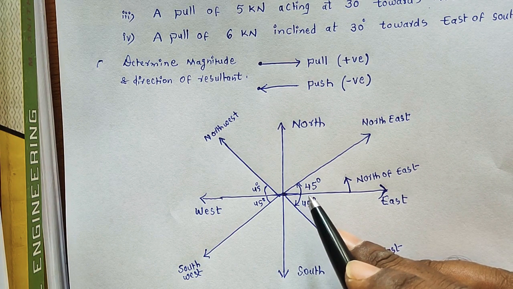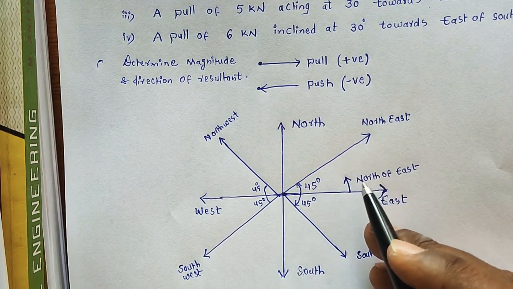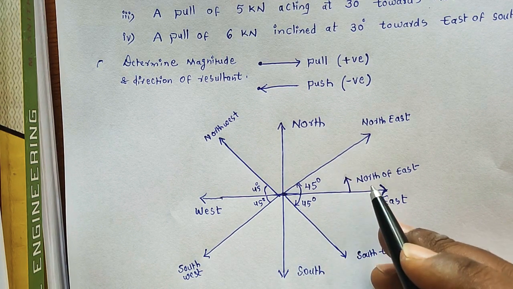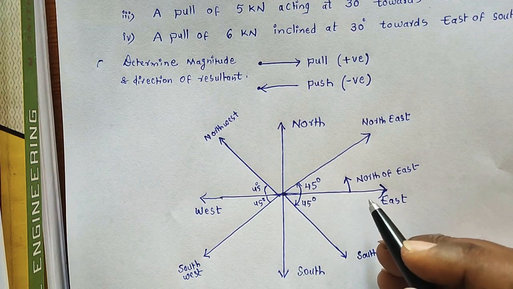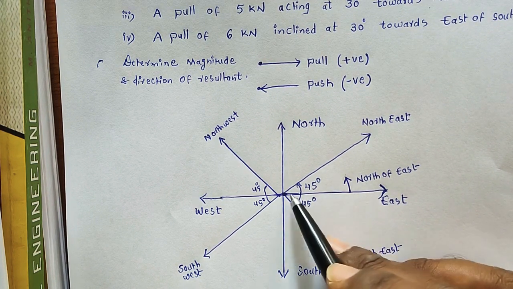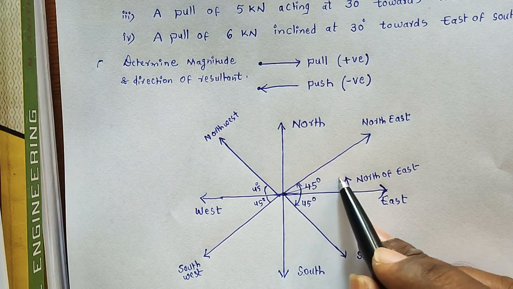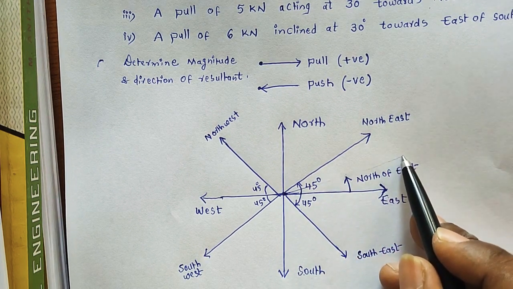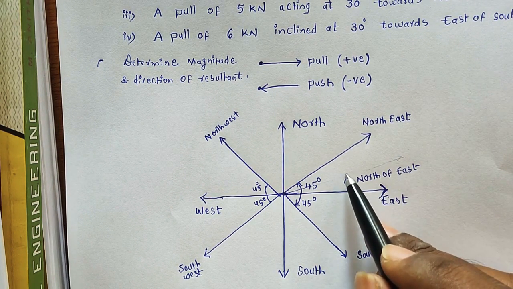So if any force acts some 30 degrees towards north of east, or 40 degrees towards north of west, or 60 degrees towards north of east, if it has been given like this, then that means a force is going to make some angle in this direction, so north of east.